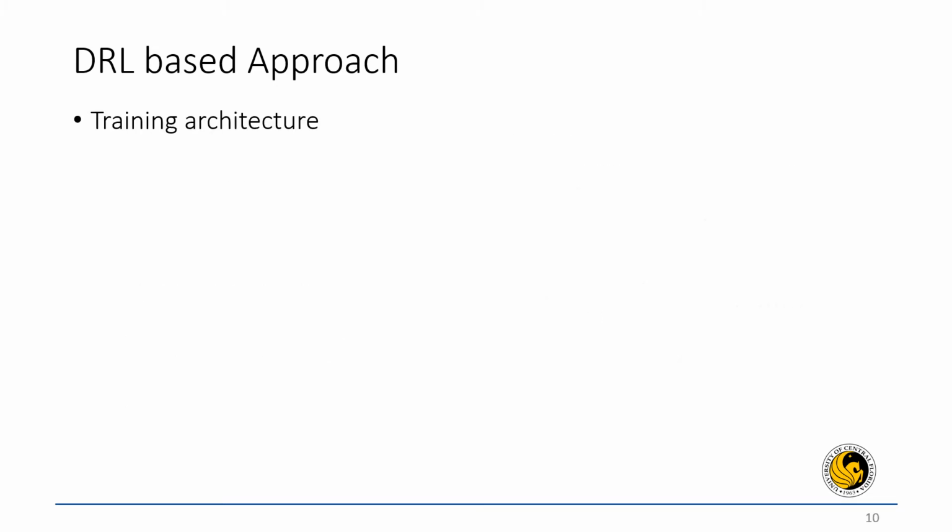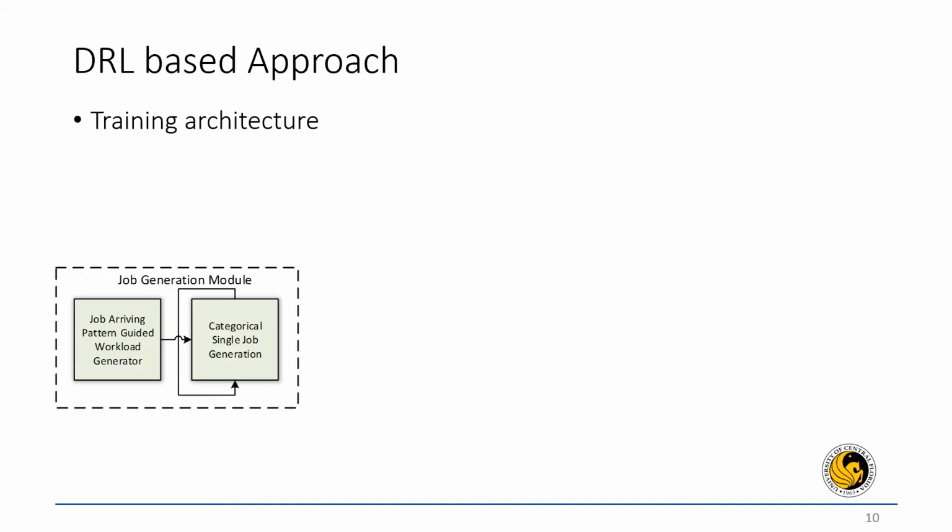As the last slide of our approach, we provide our training architecture in an episode. Firstly, our job generation module gradually generates jobs in different categories for the workload during the episode, based on the statistical job arriving pattern, and then sends them to the global job buffer.